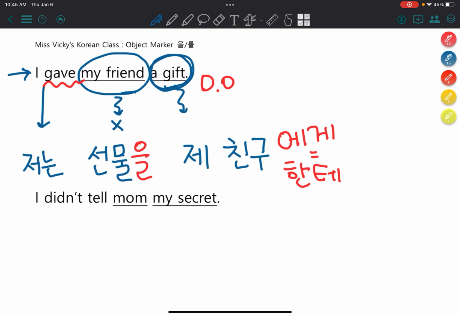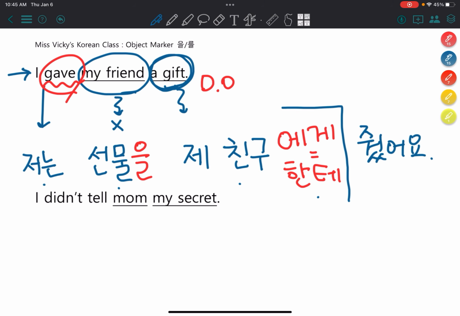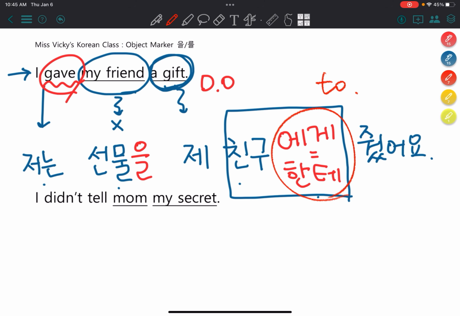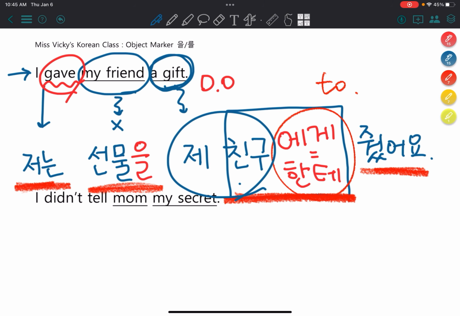And back to the sentence, 저는 선물을 제 친구한테, and then finally you can write the verb. 줬어요. So you can mark the receiver of something with 에게 and 한테, which is the equivalent of to. So basically, it means I gave to my friend a gift. We don't consider a receiver an object of a verb.